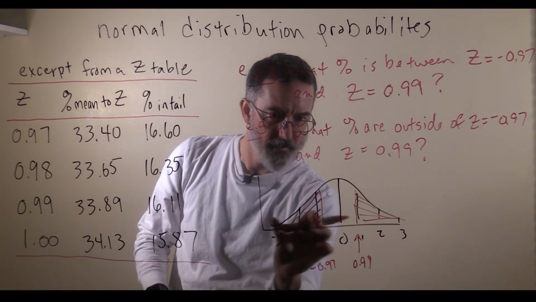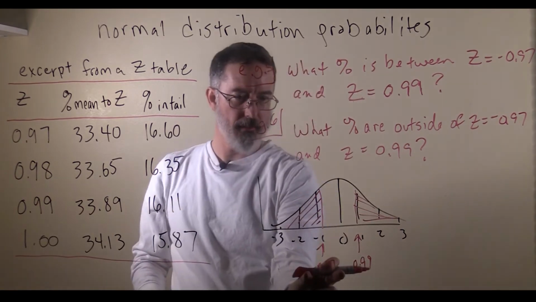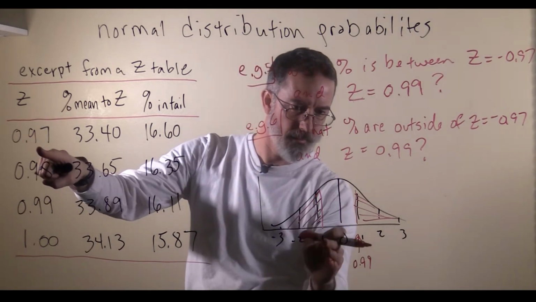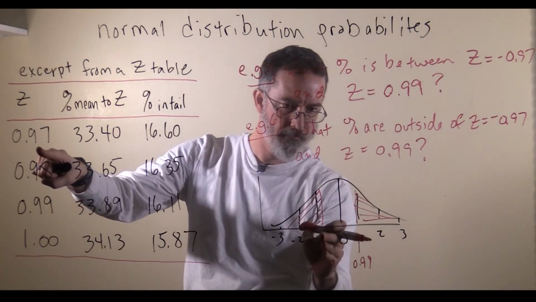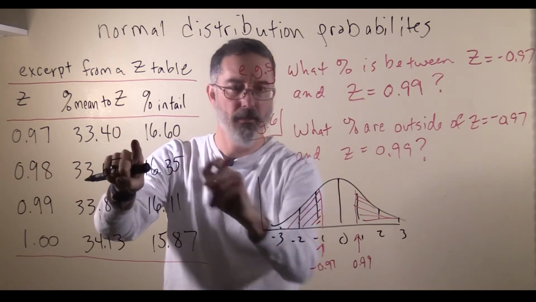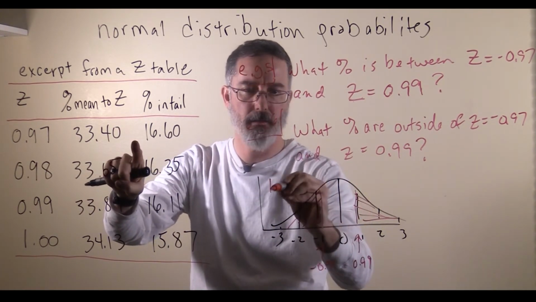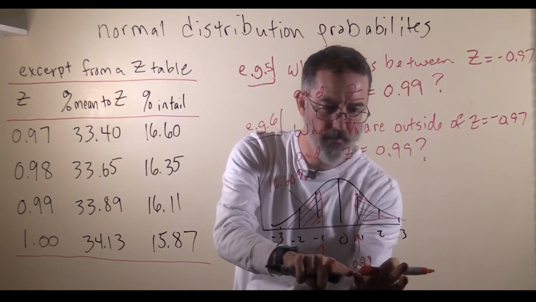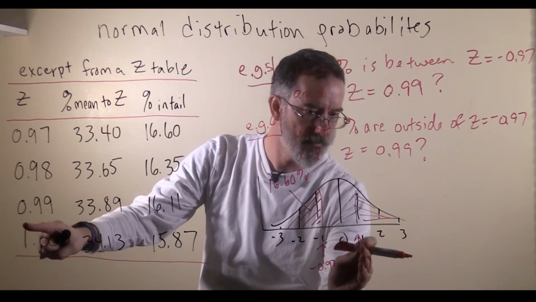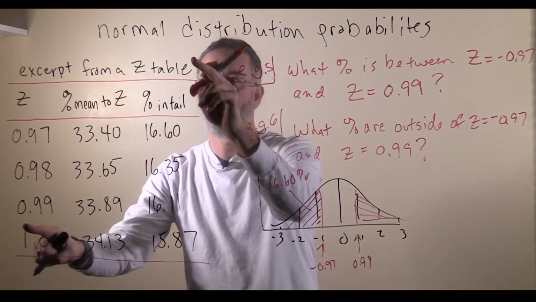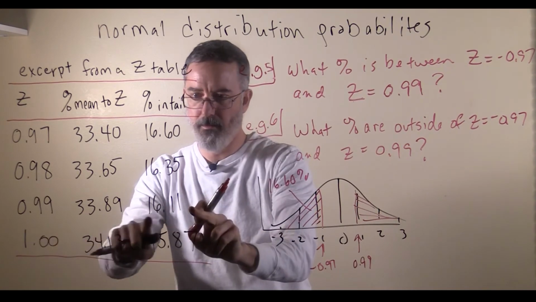So let's start off with this left side here. So we need 0.97. And here we're interested in the area that is in the tail beyond the z-score, the percent in the tail beyond the z-score. So this is 16.60%. And over here we have 0.99, and we're again interested in the percent that's in the tail beyond that z-score.